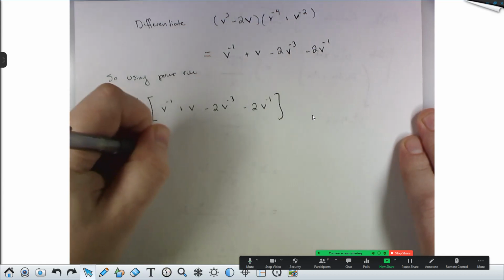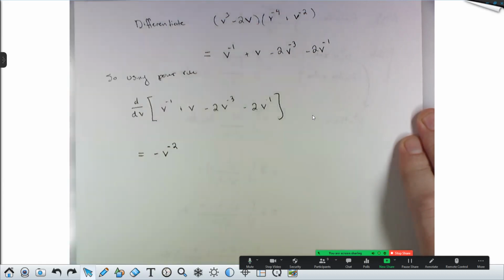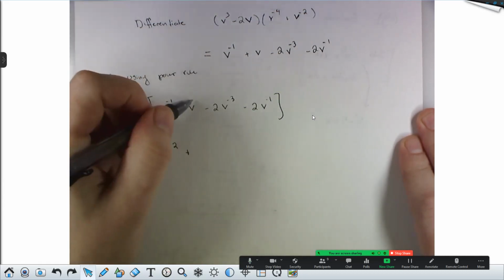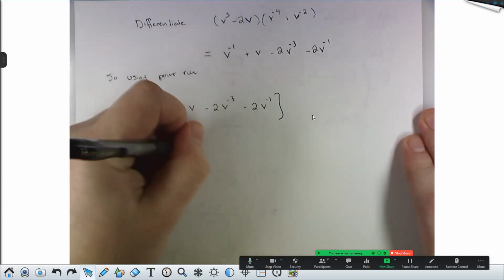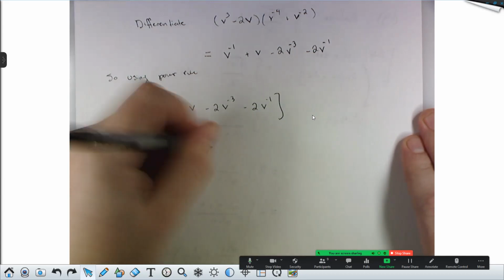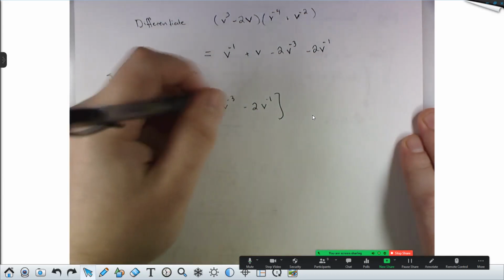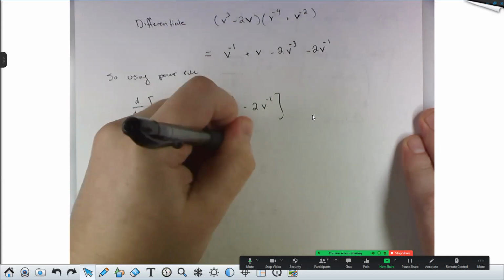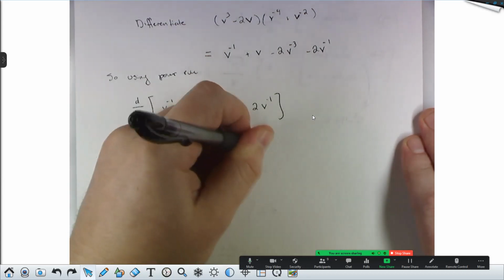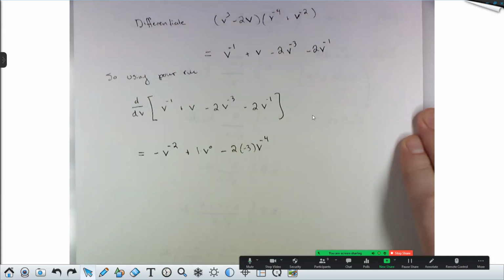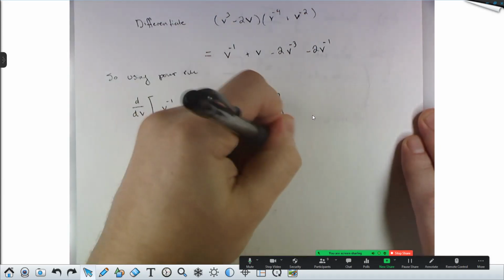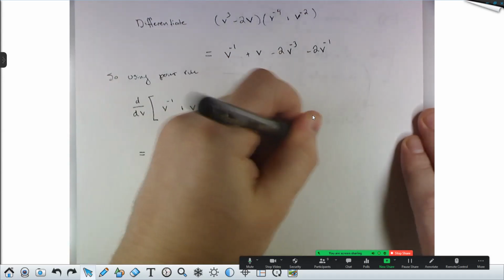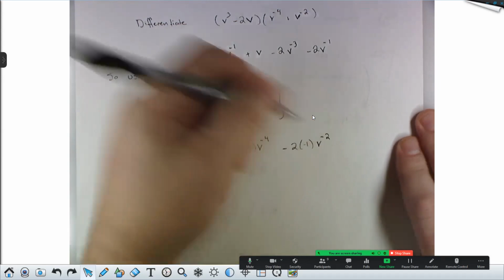That would be negative v to the negative 2 plus the derivative of v, which would be 1 times v to the 0, then minus 2, constant multiple comes along for the ride, times negative 3v to the negative 4 from the power rule. And then again, minus 2, constant multiple comes along for the ride, times negative 1v to the negative 2.